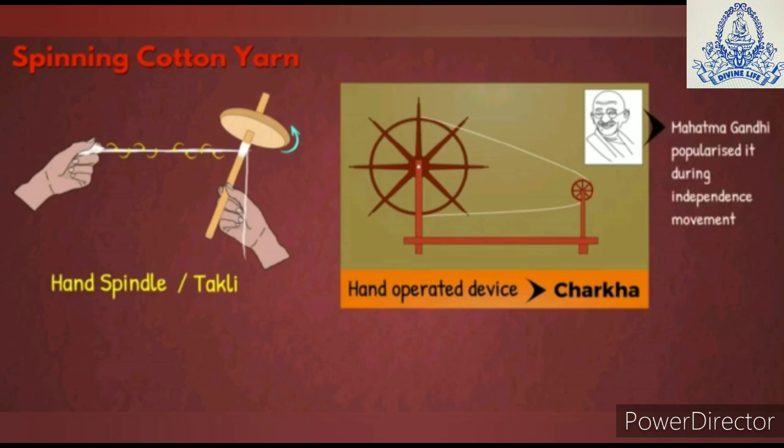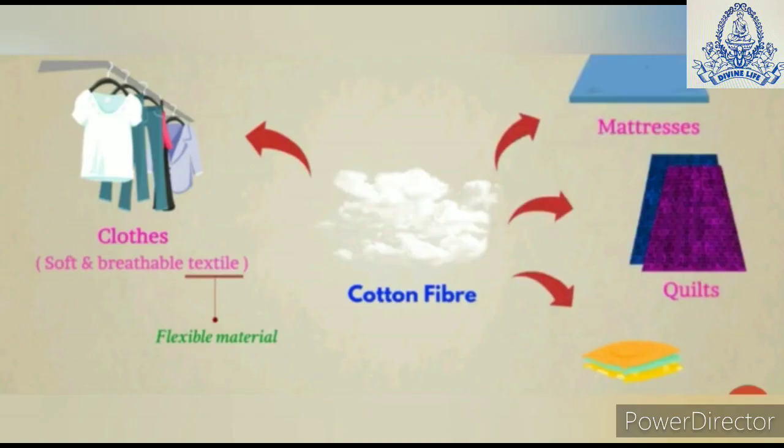Spinning of yarn on a large scale is done with the help of spinning machines. After spinning, yarn is used to make fabrics. Cotton fibers are used to make clothes. It is also used for filling mattresses, quilts, and pillows.